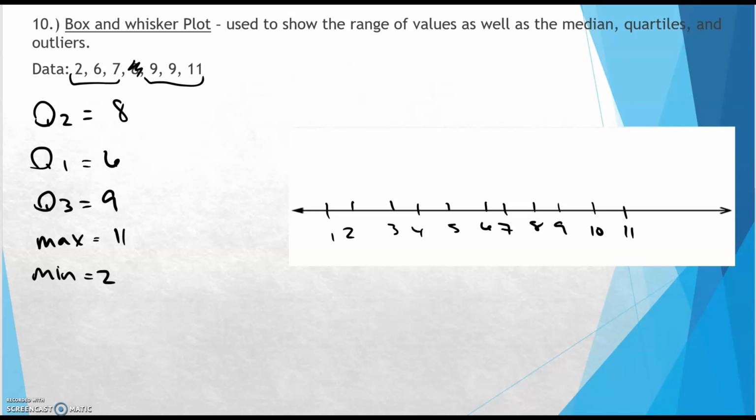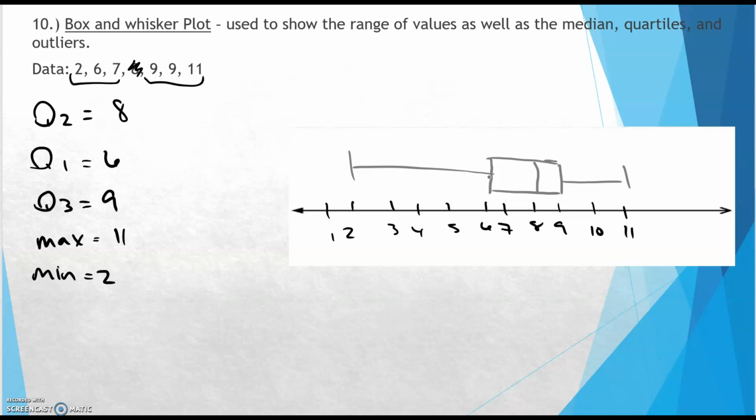So Q1 was 6. Q3 was 9. Okay, so there's my box. It's a very rough graph here. Okay, Q2 was 8, so about there. Then I have min at 2 and a max at 11. I'll draw my whiskers out to it. And there it is right there.